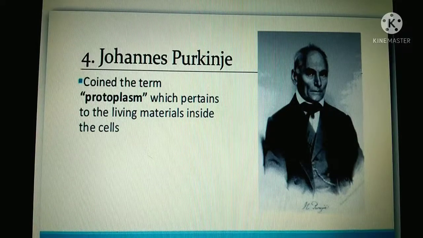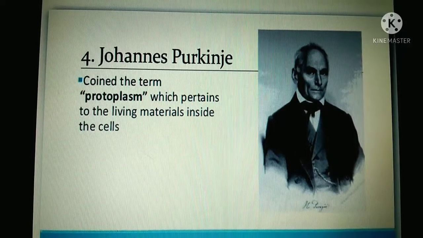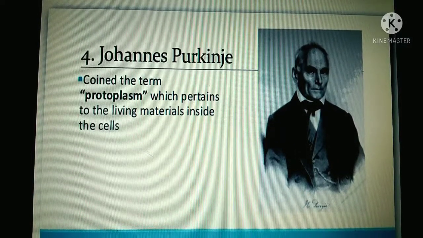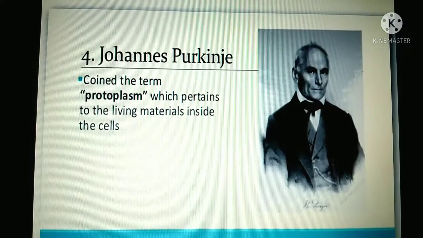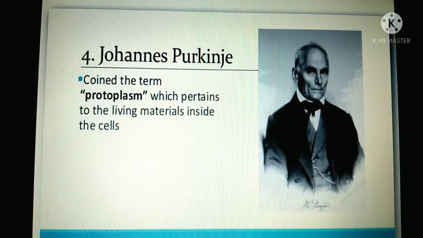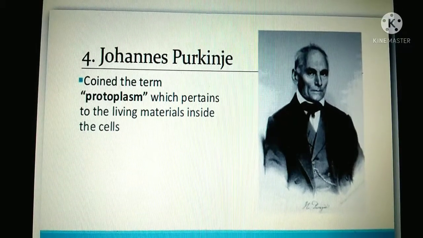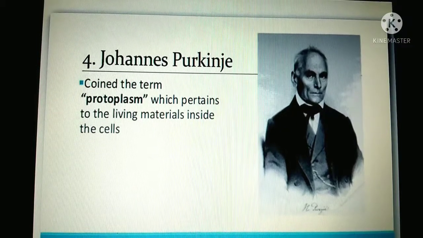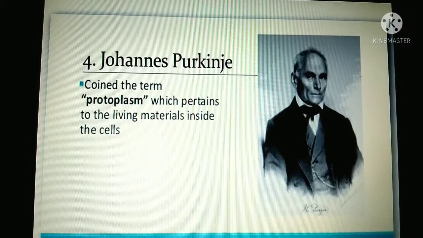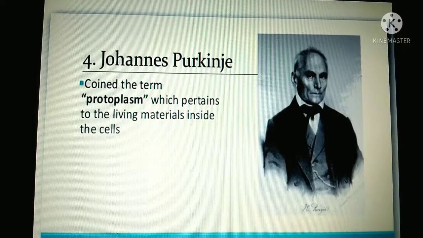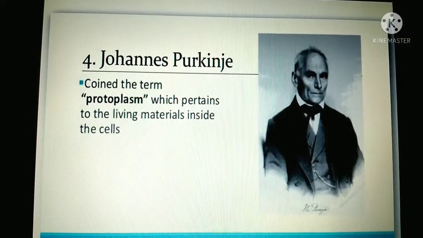The next scientist is J. Purkinje. He coined the term protoplasm for the fluid substance of the cell, which means the fluid substance present in living material is called protoplasm.